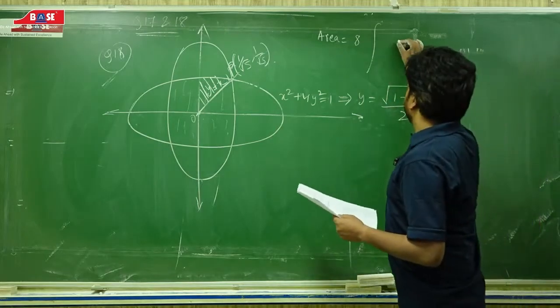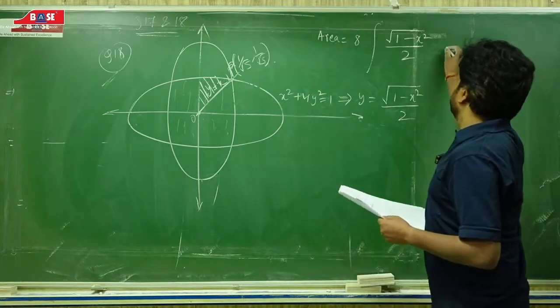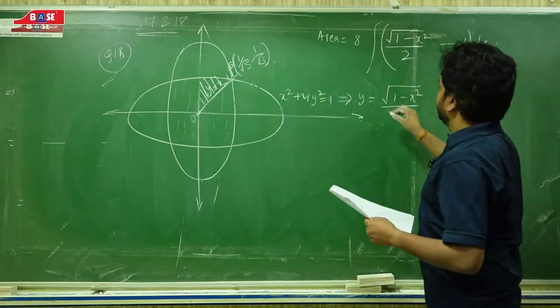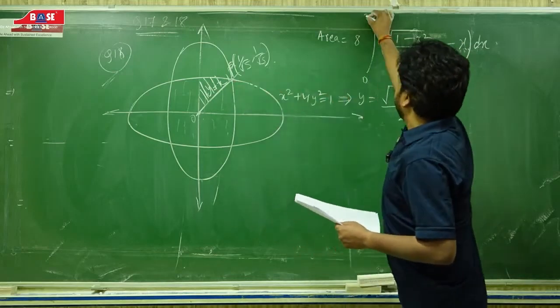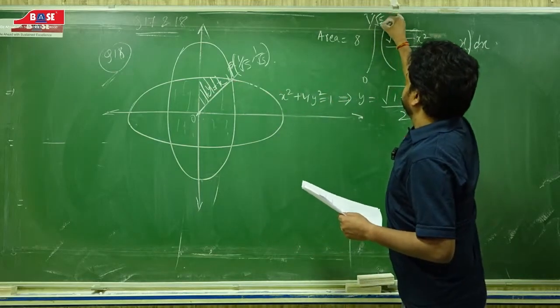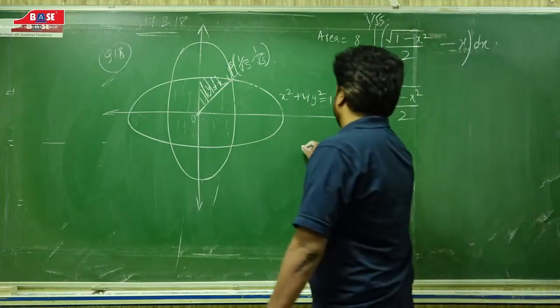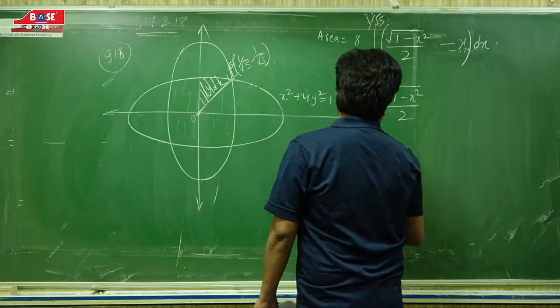So basically area is what? Root of (1 minus x square) by 2 minus x, from 0 to this point. This point is 1 by root 5. Correct? So we just need to get the area of this, right? Area will be what? 8 into.